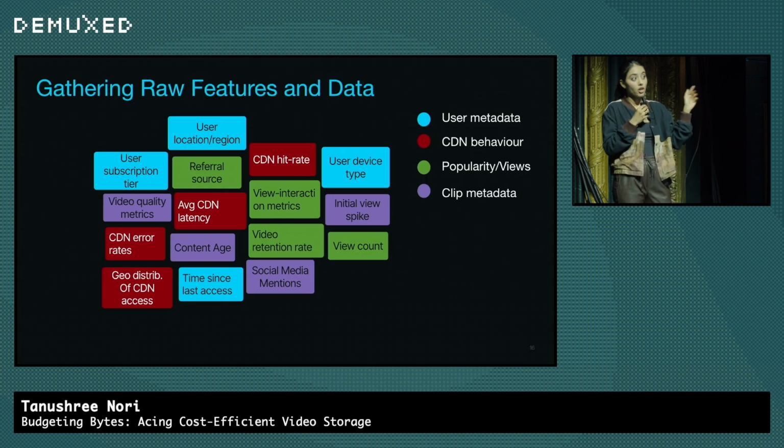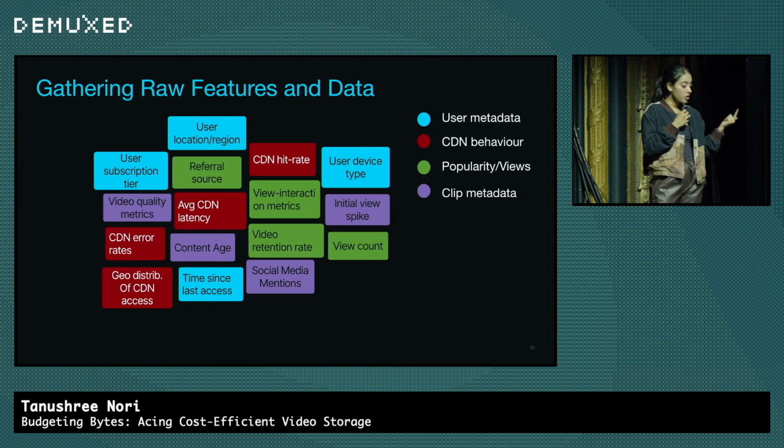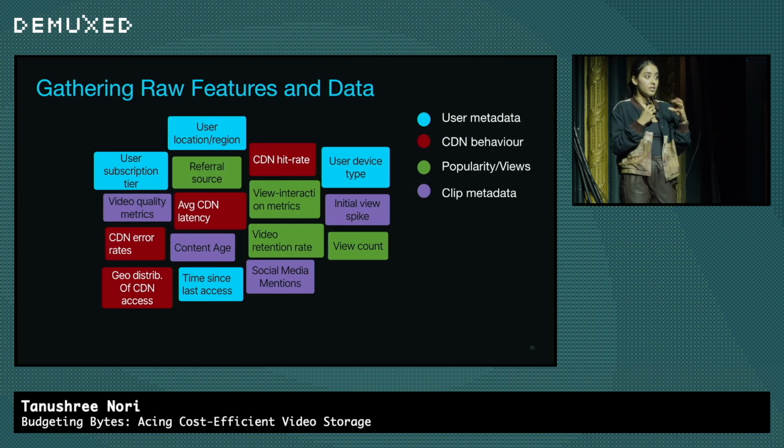Referral source: are the views coming in from Twitter, LinkedIn, Instagram, what have you; video retention rate. All of these give you a sense of demand, popularity, and frequency of access.